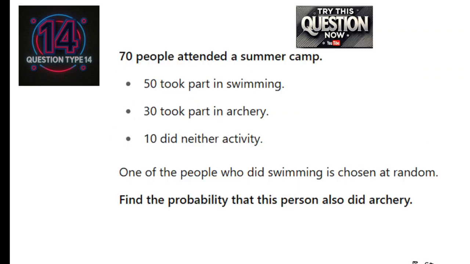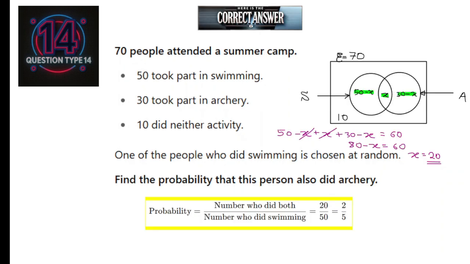Here's a similar question to the previous one for you to try. So here you can see the correct answer to that question. So 50 take away x here, x is the overlap, 30 take away x, everything adds up to 60, because 70 take away 10 is 60, and then 80 take away x is 60, so x must be 20.